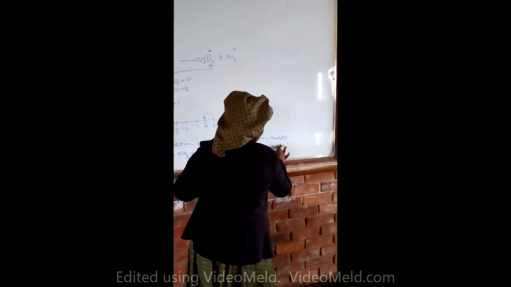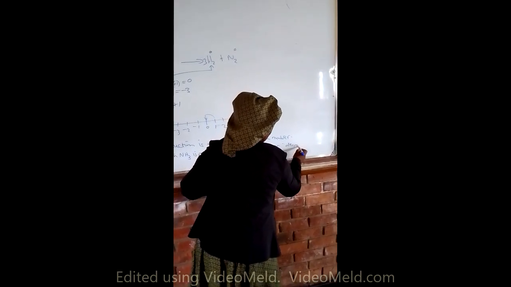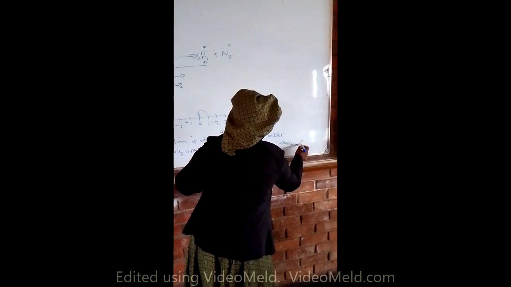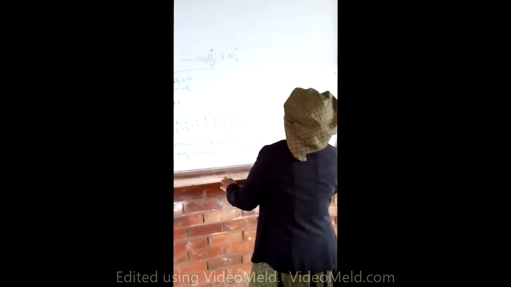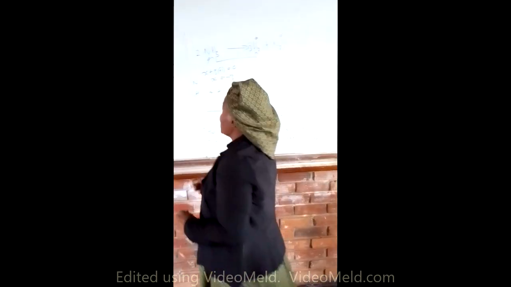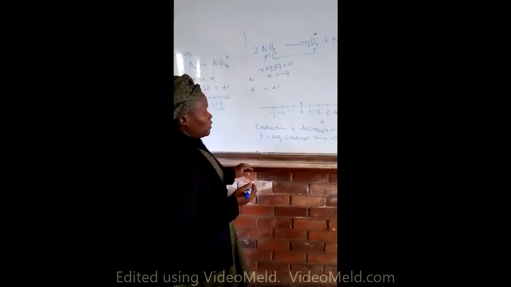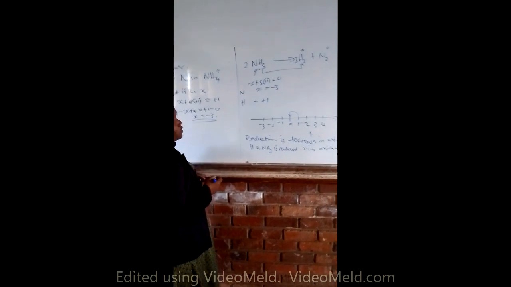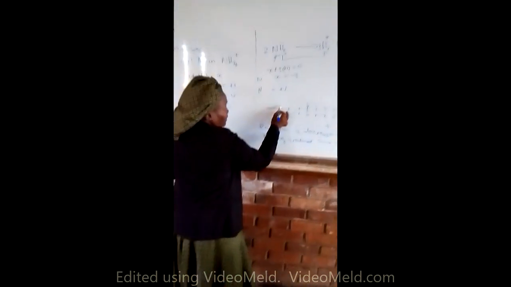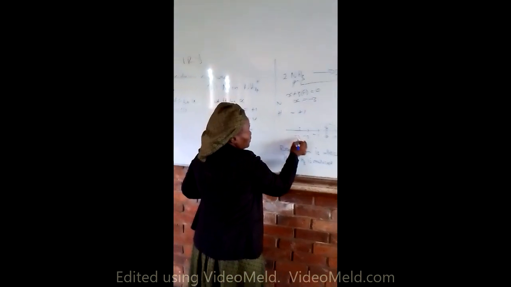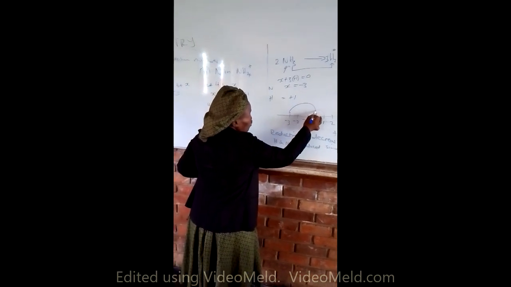The oxidation number decreased from +1 to 0. That was a decrease. Then nitrogen, it was at -3 and it moved to 0.